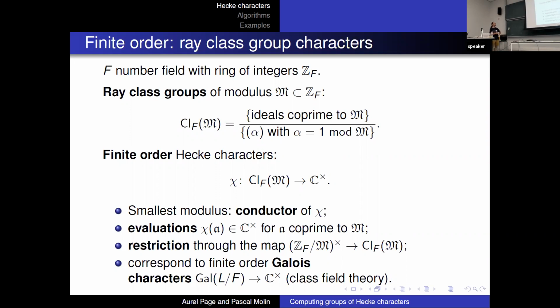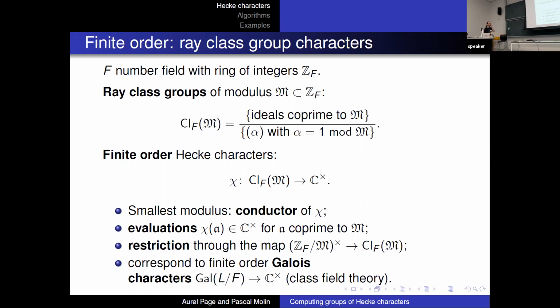In terms of computation, ray class groups are something that we've known how to compute for some time, and these Hecke characters are just characters of these finite abelian groups, so we've had methods to compute them for a long time too.